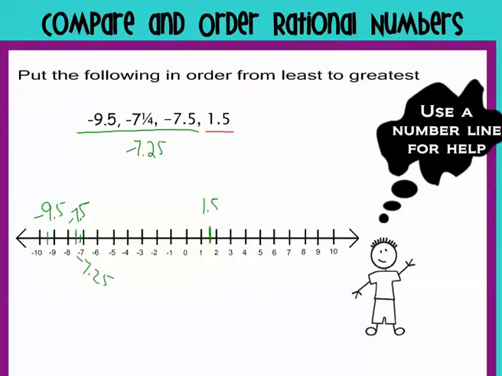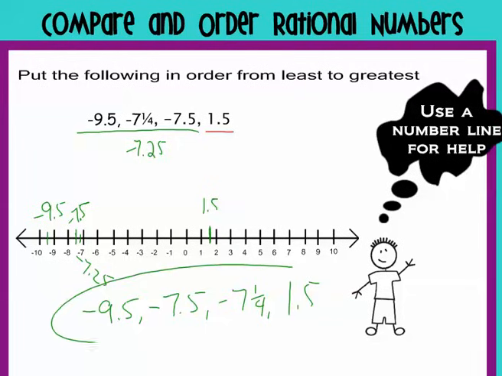So you can do the conversions if you need to. You can use a number line. But in the end, you need to make sure that you list the original numbers that you were given in order from least to greatest. And that's a positive 1.5. So this would be how you present your answer for this particular type of problem.